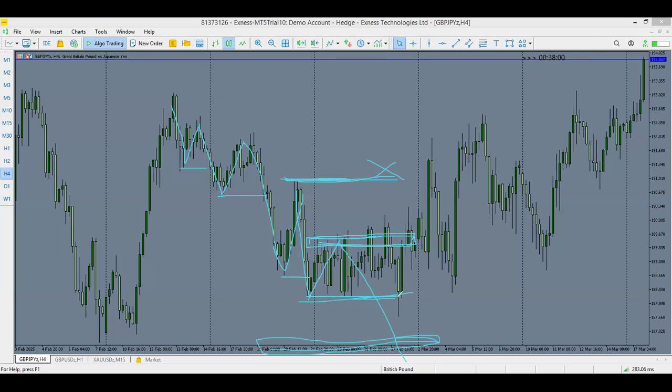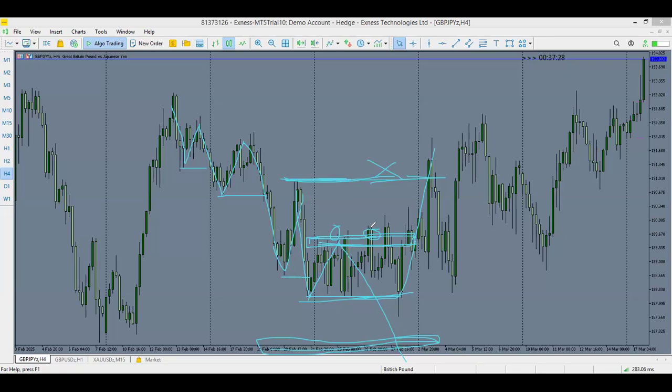If it does come to that level, good. If it does not come to that level and then it goes all the way and takes you out with a stop loss, that is fine as well, because you are only in on one trade or maybe two trades. Out of the many trades you are going to be taking in your trading business, you are going to be taking thousands and thousands of trades. So this is just one or two of those thousands of trades.